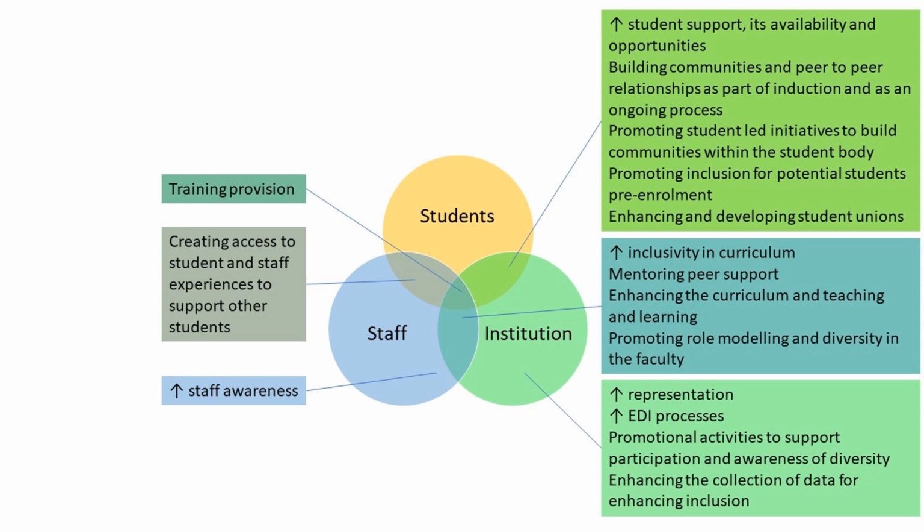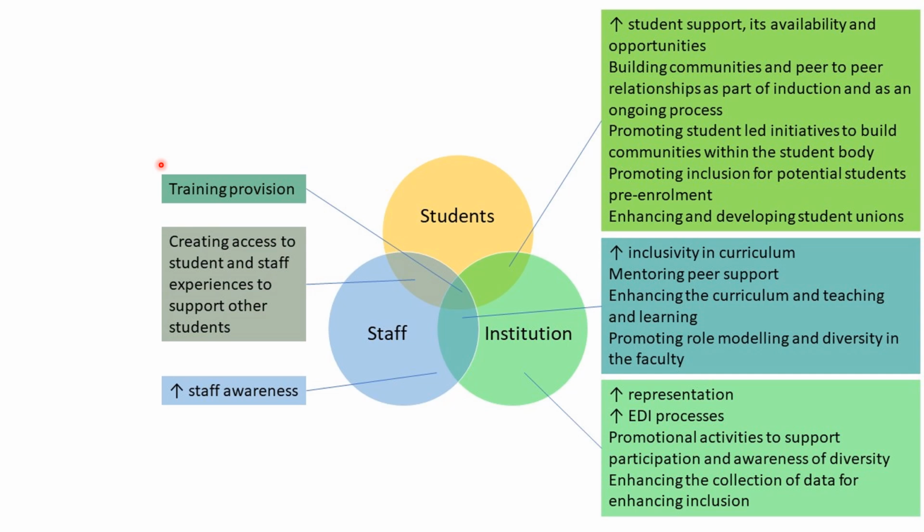The main topic that came up was the one on the top left, training provision. And that training provision was seen as crucial for all people involved in an OEI, including the staff, but also the students and the institution itself, to be able to overcome some of the current obstacles that exist for students from underrepresented groups to have a similar experience to other students.